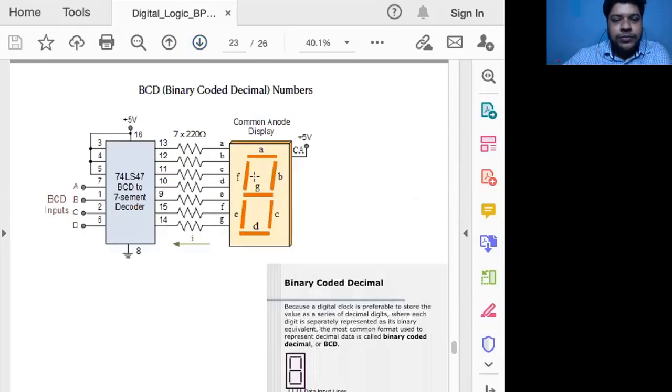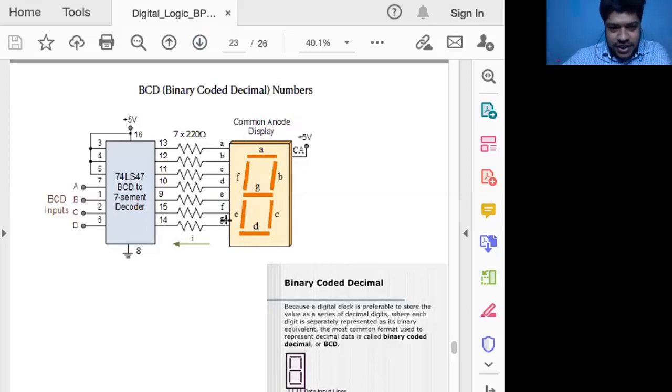So you see, when we look at our digital watch or calculator, many times when we see numbers on the screens, basically you see this kind of 8.